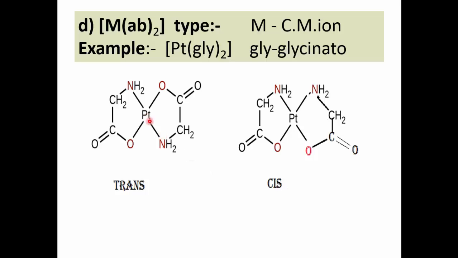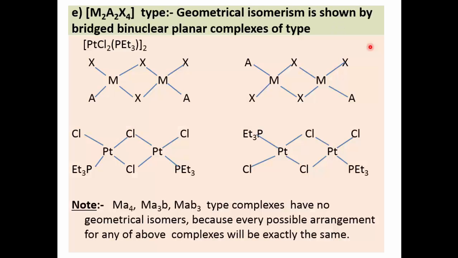While in case of this we observe that on opposite sides of the platinum, there are 2 NH2 groups which are coordinated to platinum with the help of this nitrogen. Similarly here these are the 2 oxygen atoms which are present opposite to each other and coordinated to platinum metal atom. So in this way, this is the trans isomer. This is the type MAB2.